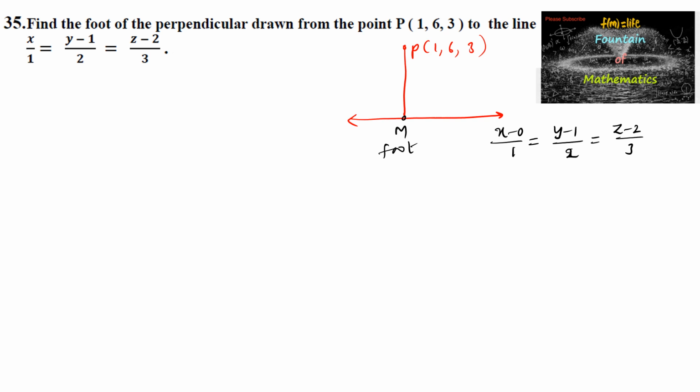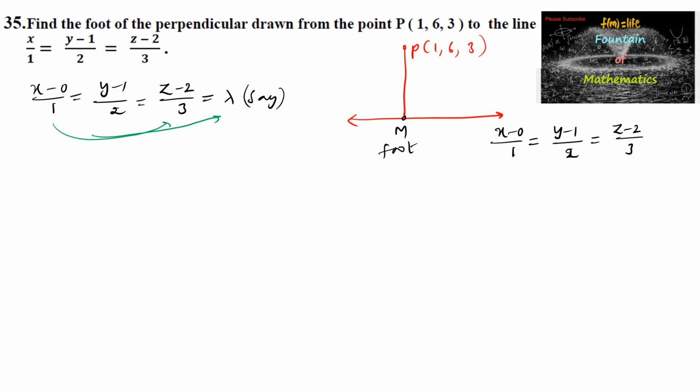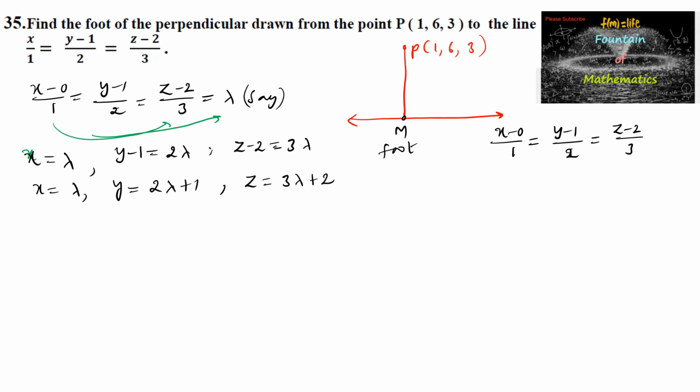So generally we can consider any point on the line as x minus 0 upon 1 is equal to y minus 1 upon 2 is equal to z minus 2 upon 3 is equal to say lambda, so that we can simplify here. x is equal to lambda, y minus 1 is equal to 2 lambda, z minus 2 is equal to 3 lambda, that is x is equal to lambda, y is equal to 2 lambda plus 1, and z is equal to 3 lambda plus 2.